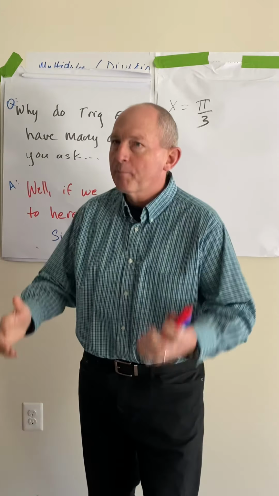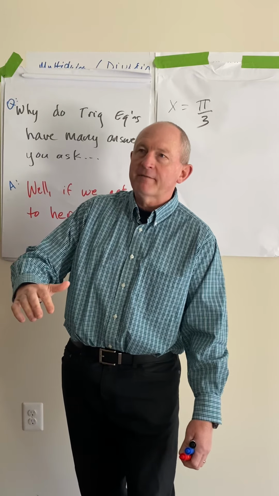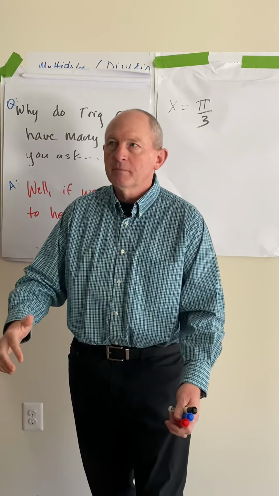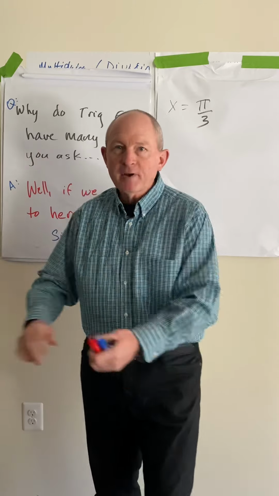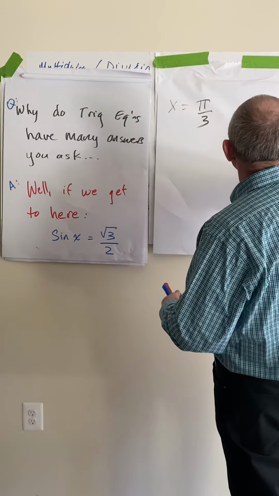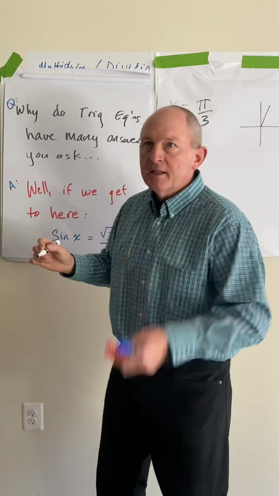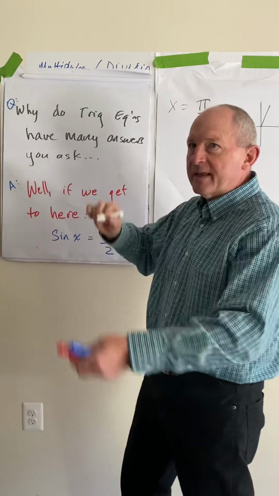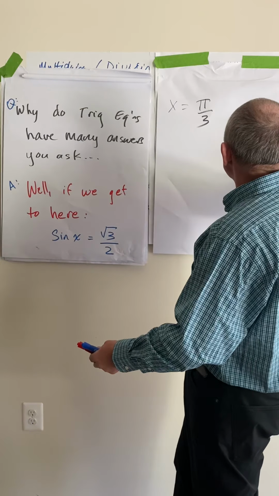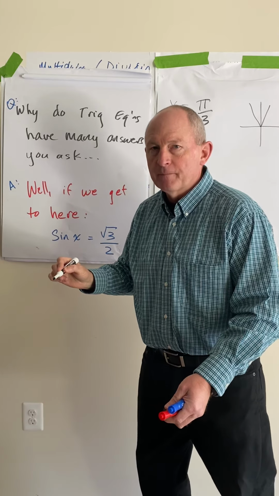And we might go, okay, done. But the problem is when we think of an angle whose sine is root 3 over 2, pi over 3 is the one in the first quadrant. But the angle with the same reference angle over here in the second quadrant would also have a sine of root 3 over 2.